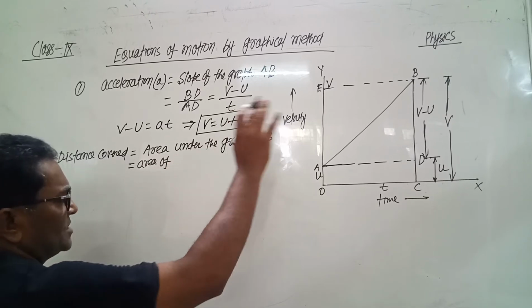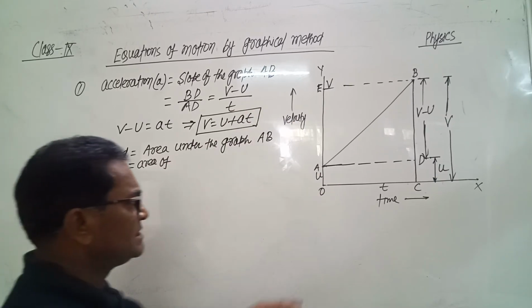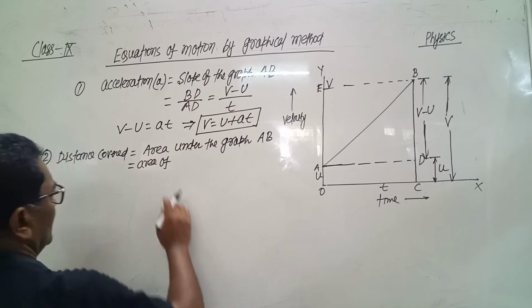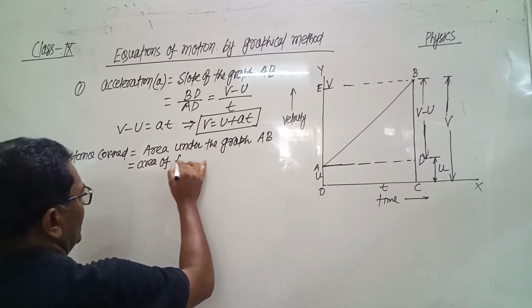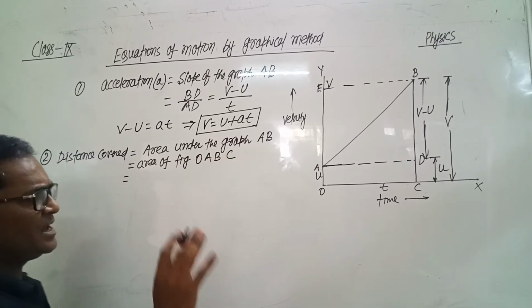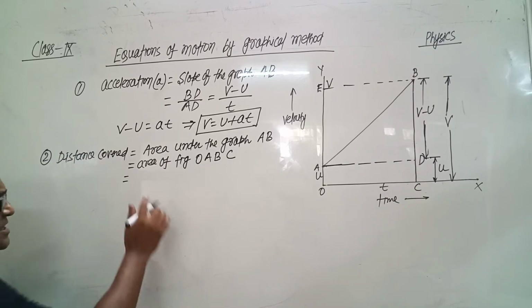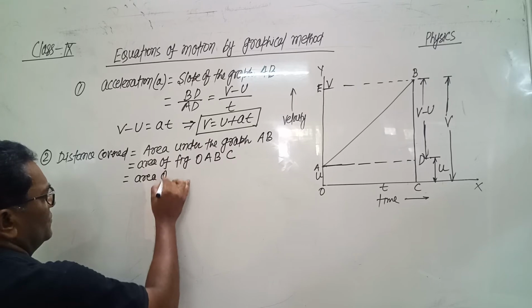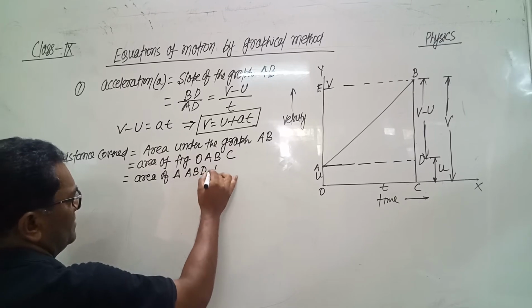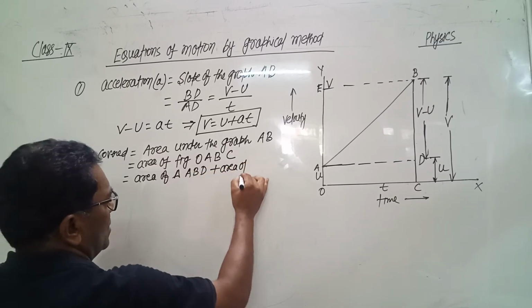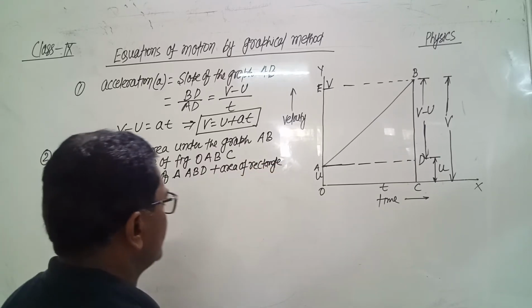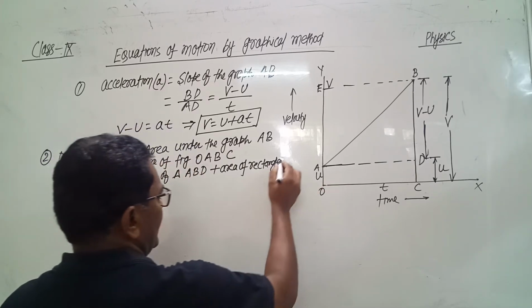So the area of trapezium OABC is given by the area of triangle ABD plus the area of rectangle OADC.